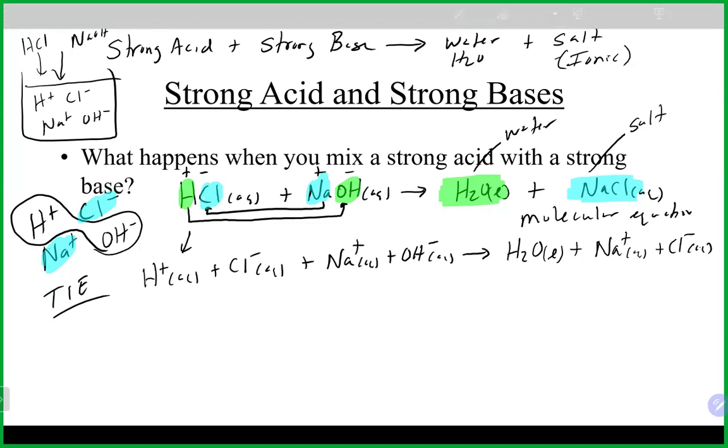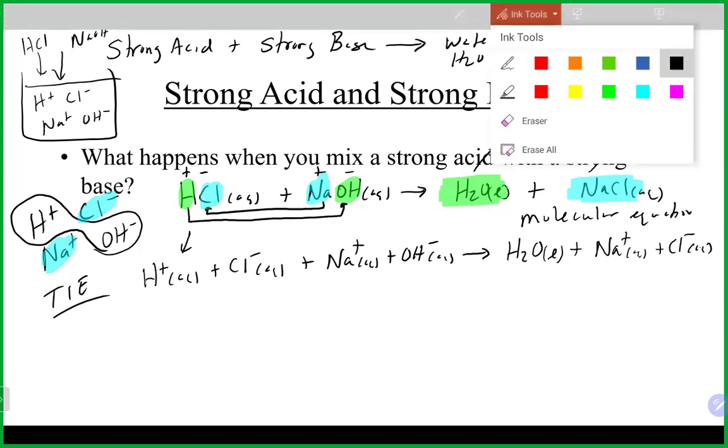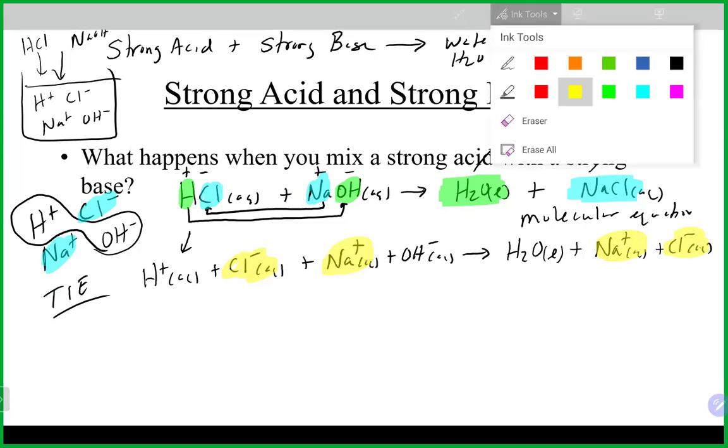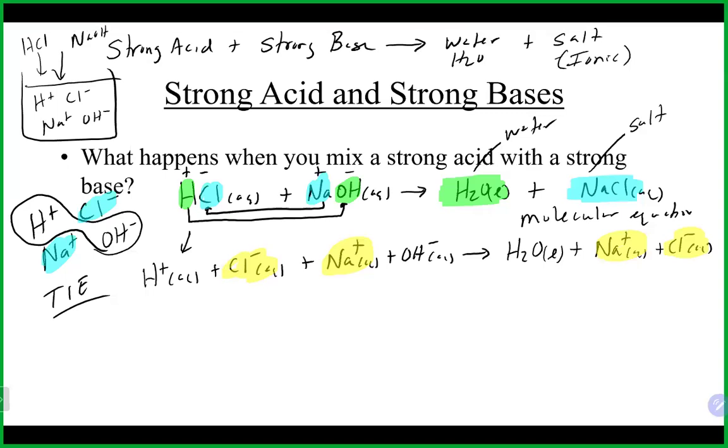And if we look at our total ionic equation, just like we did previously, we could find our spectator ions. In this case, it is chloride on the left, chloride on the right, sodium on the right, and sodium on the left. These are going to be our spectator ions in this case.